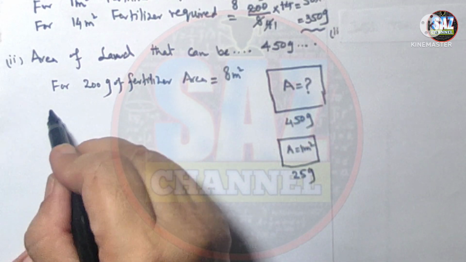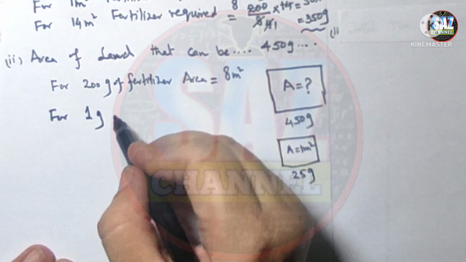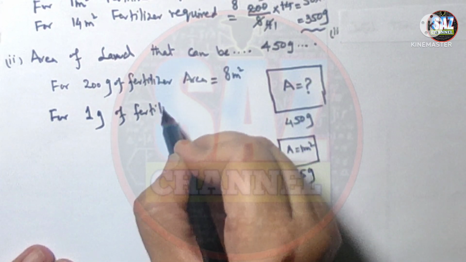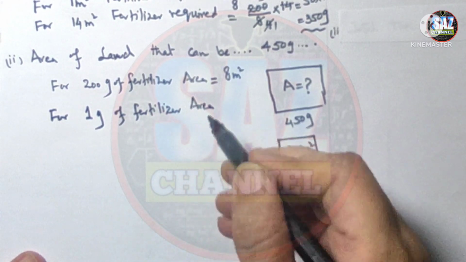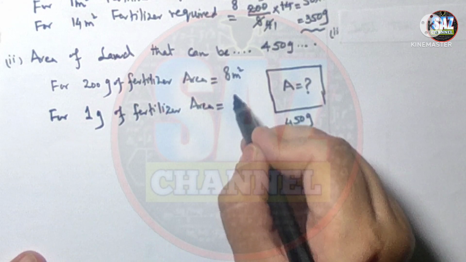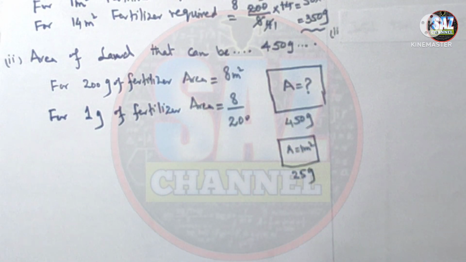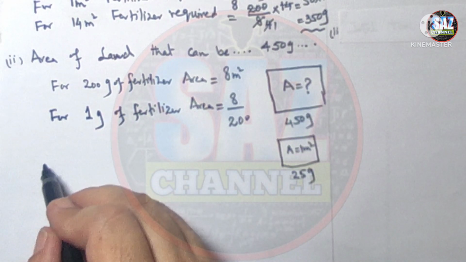For 1 gram of fertilizer, area will be equal to, we'll be applying the unitary method, 8 upon 200. And now the weight of the fertilizer is 450 grams.